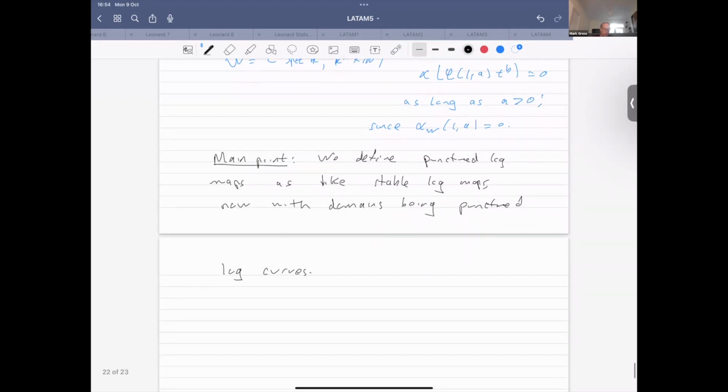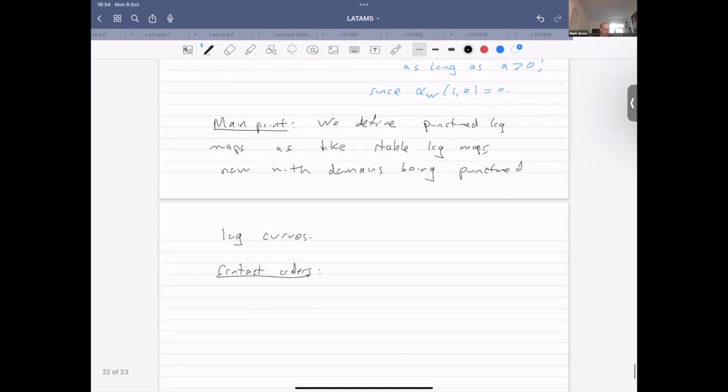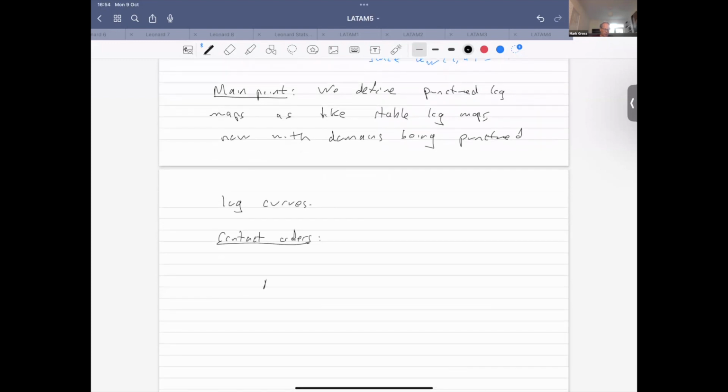So now contact orders are a little bit more subtle. Again, we have p in C a punctured point, with M-bar_X at f(p) giving us a map. We have a map f-bar flat. So this is given f from C to X, a punctured map.